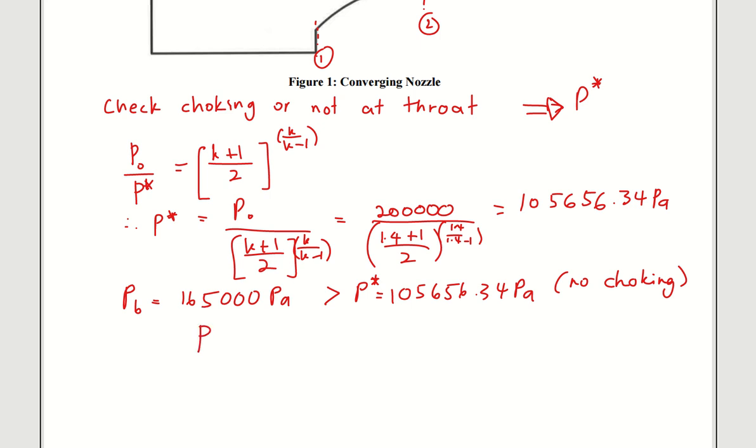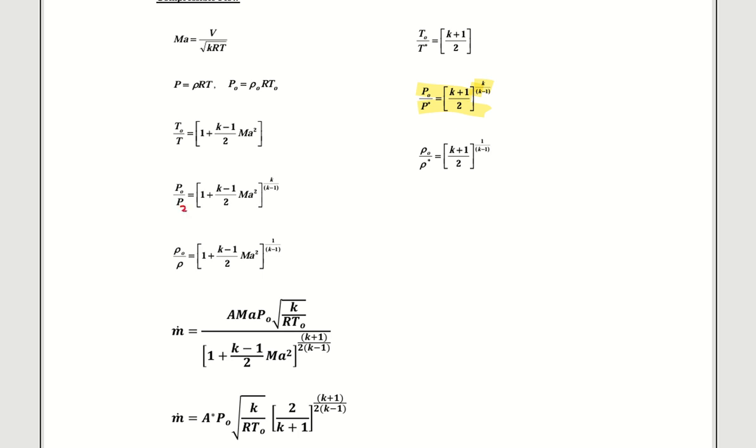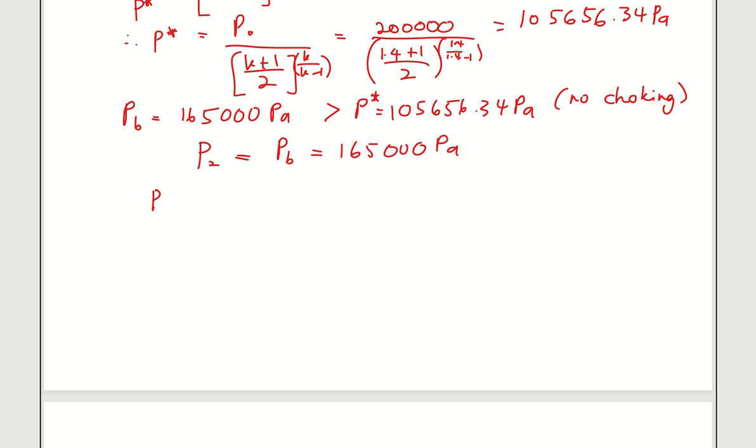So since there is no choking, your P2 will be the same as PB, which is 165,000 Pascal. Now you have P2. If you look at the equation, since you have P2 and P naught, you can get the Mach number at 2. So I will use this equation. P naught over P2 equals 1 plus K minus 1 divided by 2 times Mach number 2 squared, to the power of K divided by K minus 1.